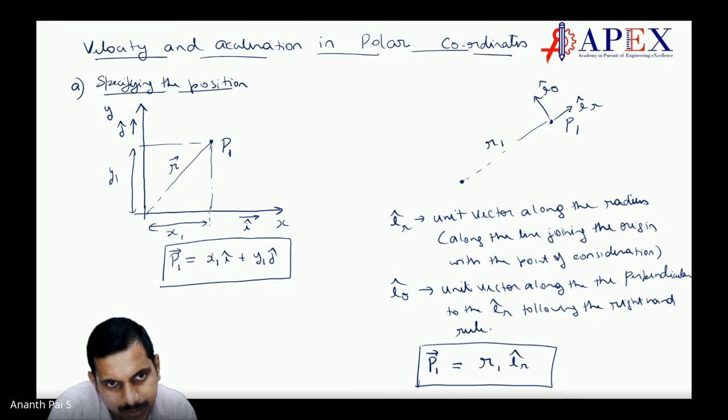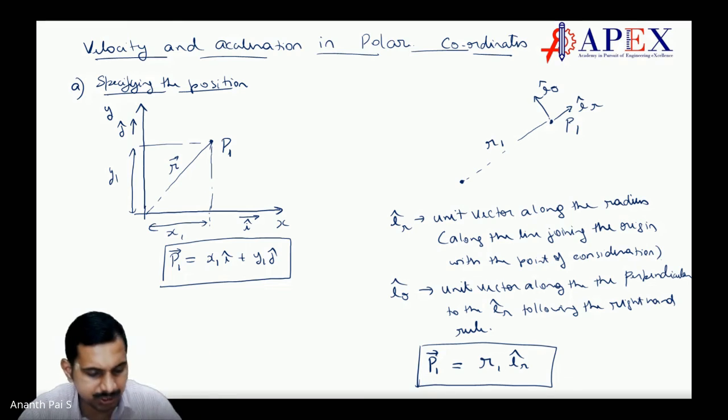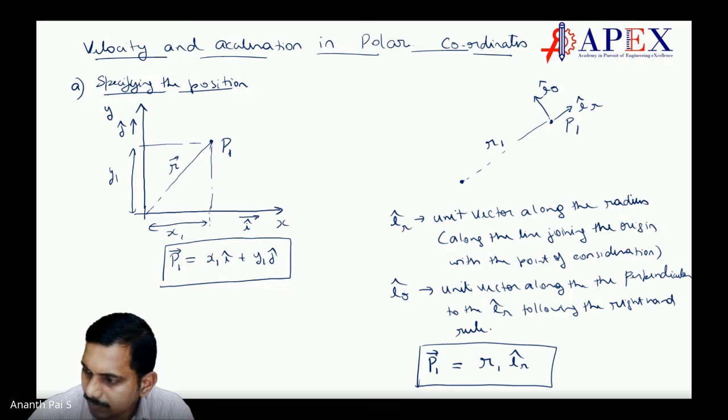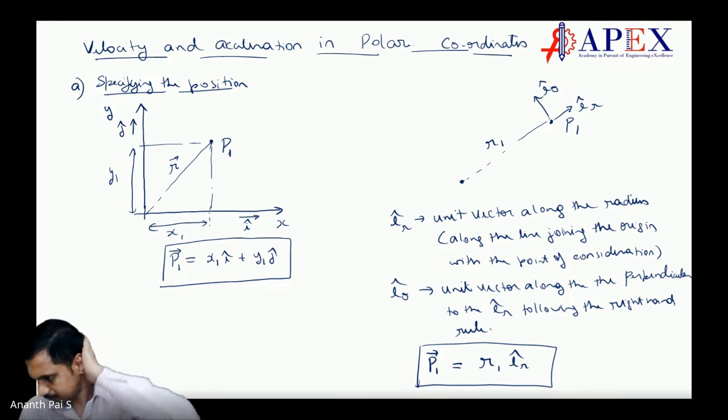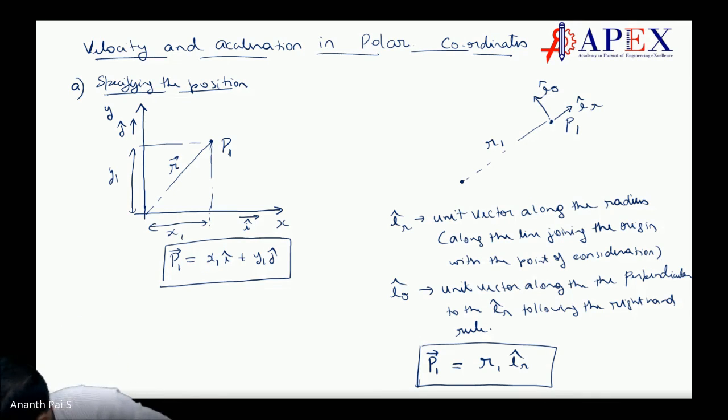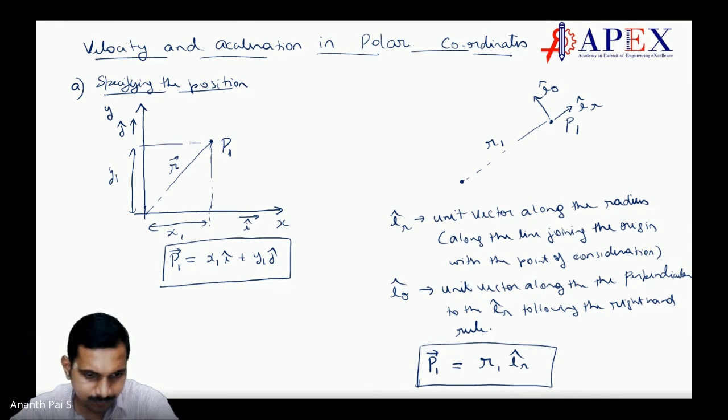So in this part A, we are specifying the position. Correct. Next, let us say specifying velocity. How to find out the velocity? Tell me when you're finished writing, students. Then we will go next.